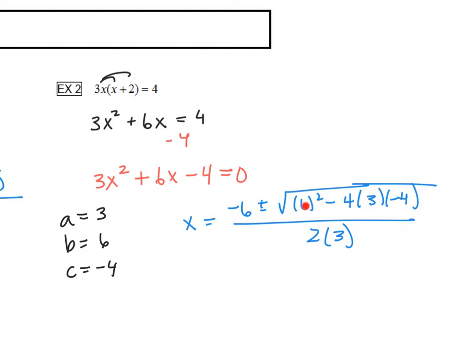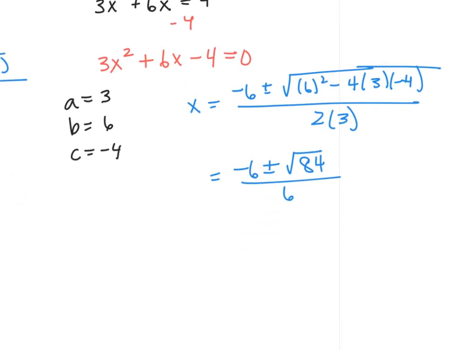If that was a negative number, I would absolutely need those parentheses with the negative b on the inside so that when I squared it on my calculator, I get the correct answer. So we get negative 6 plus or minus, and then if you type all that into your calculator, feel free to pause the video right now and see if you can get to the same thing I get, which is square root of 84 all over 6.